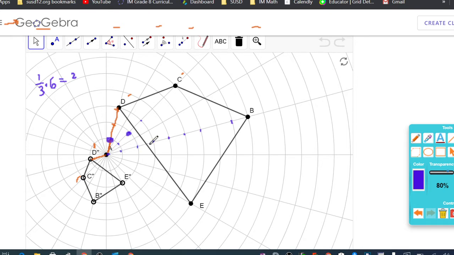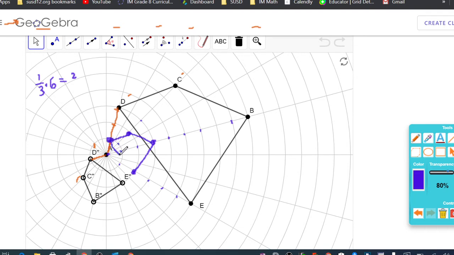So 1/3 of 9 is 3. So there's B right there. How about E? 1 unit away, 2, 3, 4, 5, 6 units away. 1/3 of 6 is 2. Okay, if I scale down with a factor of 1/3, then my shape looks like this.